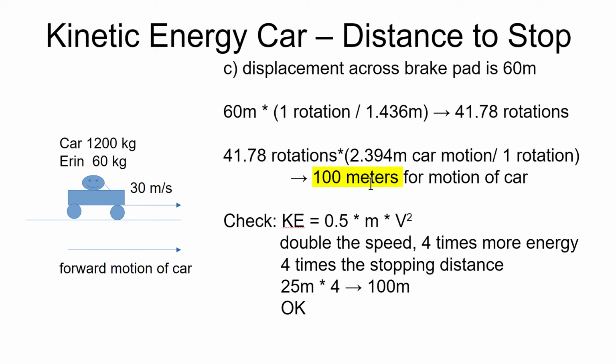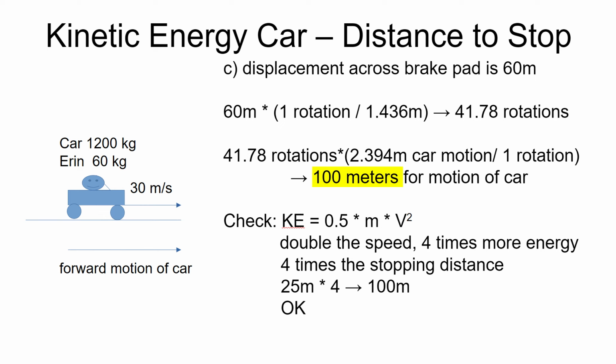It took 100 meters. If you recall, previously for the 15 meters per second, that took 25 meters to stop. Is it reasonable that the stopping distance has gone up by a factor of 4? Well, yes, because work is force times distance for the case of this brake system. And we have 4 times more work that's required.